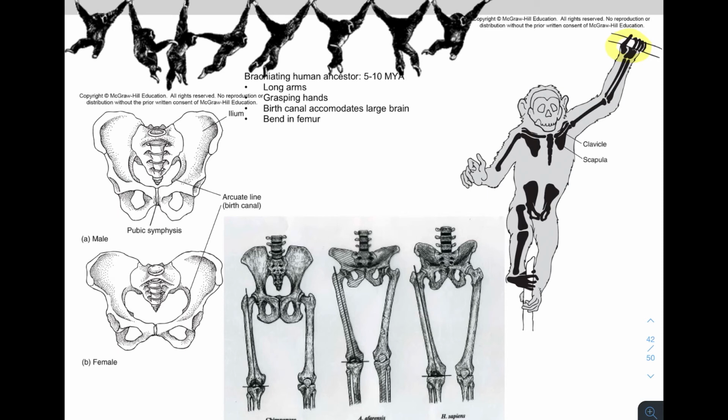Now, what we notice with the primates that are arboreal and are still moving with brachiation is that their lower limbs are aligned in a way to where the femurs are in parallel, moving straight down. And this is not great for standing on two legs because it does not bring the weight into the midline as well.